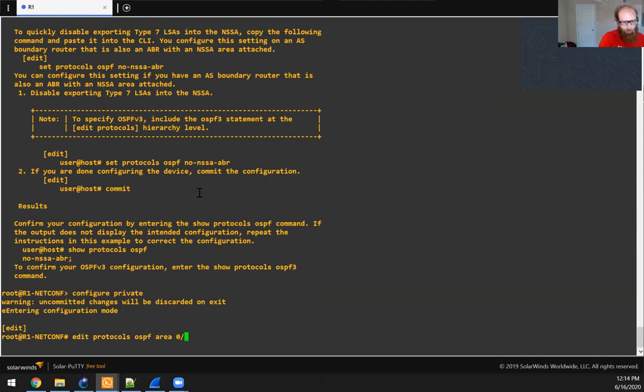So area, so it won't be in area 0 because area 0 is always going to be a backbone area. So if we want to figure out what kind of stub areas we can make a non-backbone area, we're going to need to go into the hierarchy menu for a non-backbone area.